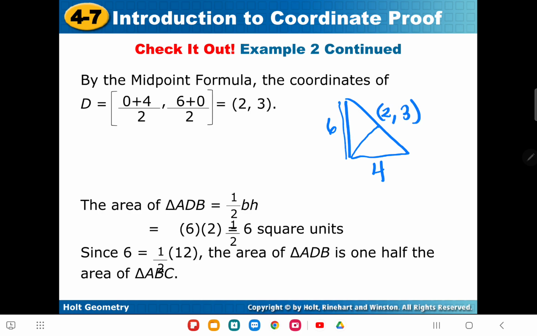Now my base of my triangle is now 6, but my height, the distance from the vertex to a side along a perpendicular, the altitude of the triangle, is 2. So I can multiply 6 times 2, find half of that, and it's going to be equal to 6 square units. Now, since 6 is half of 12, the area of ADB is 1/2 the area of ABC.